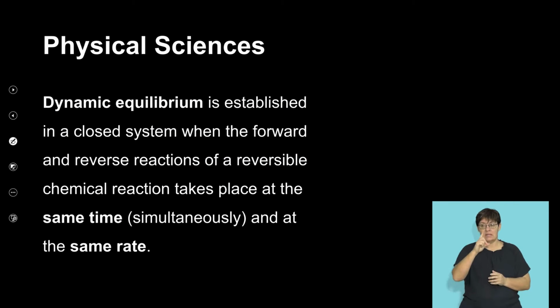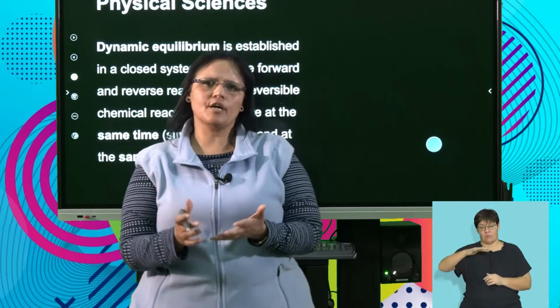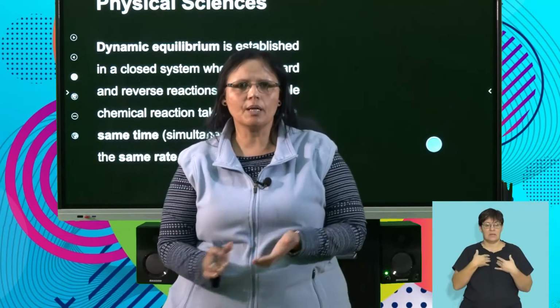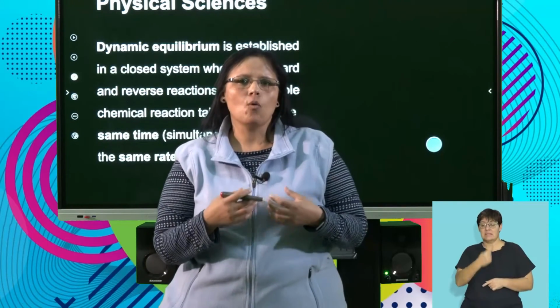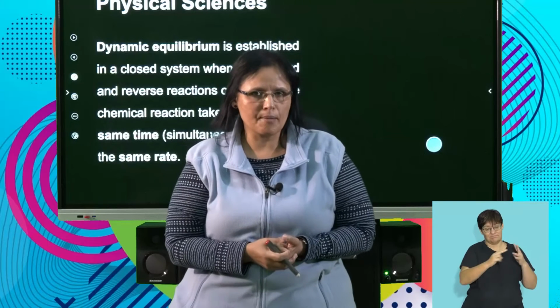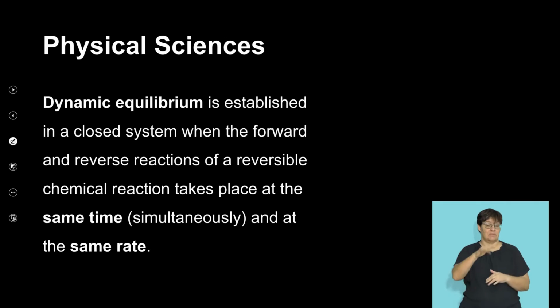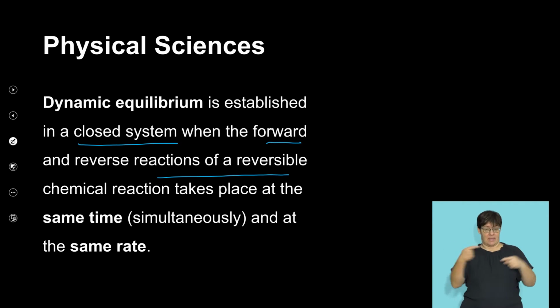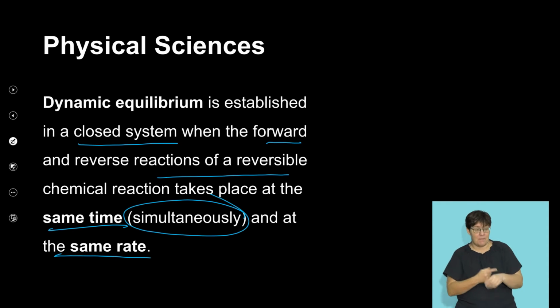Dynamic equilibrium. Remember when I gave you the definition of chemical equilibrium? I said it is one of the types of dynamic equilibrium. Now, dynamic equilibrium is established in a closed system when the forward and the reverse reactions happen at the same time, at the same rate. Same time means simultaneously.